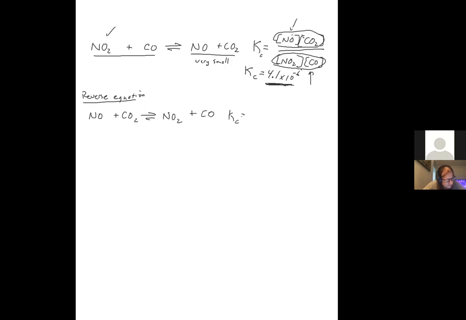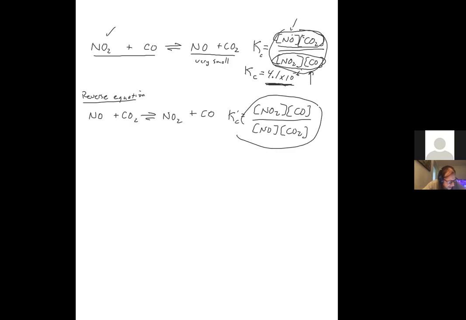When you reverse the equation, the reactants become products and the products become reactants, right? You reverse them. So you can see this right here is just the reciprocal of this. So I'm going to put a little prime there. I'm going to say that Kc prime is just the reciprocal of Kc.